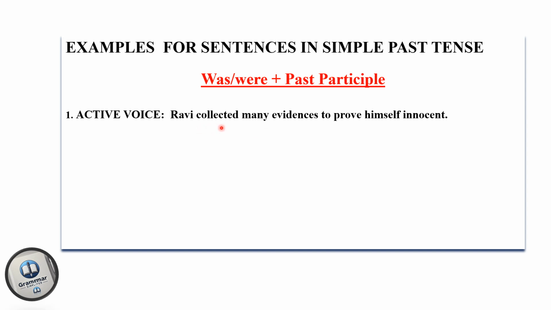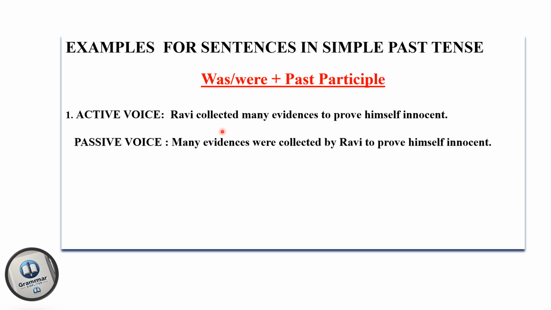Collected is in past tense. So many evidences will come to the subject place. Since it is plural, you are going to use the helping verb were. Collected is already in past participle form. So, many evidences were collected by Ravi to prove himself innocent.